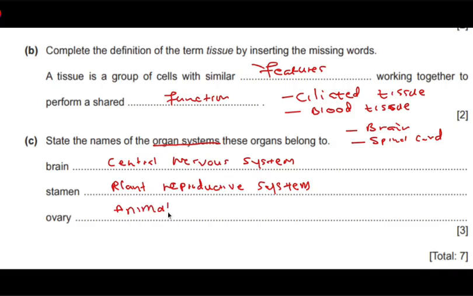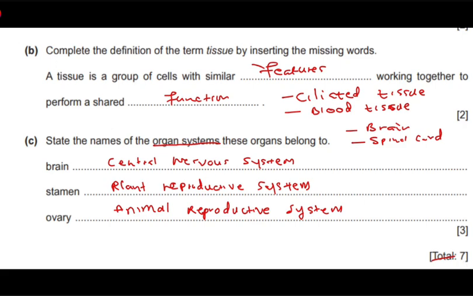Since humans are considered to be animals, you can just say animal reproduction or animal reproductive system. Or if you want, you can just say human reproductive system. It is also okay. Alright, so you have gotten your 7 marks.